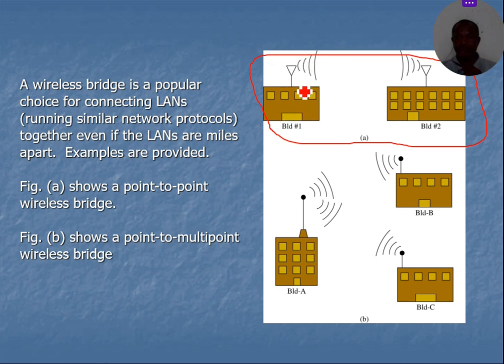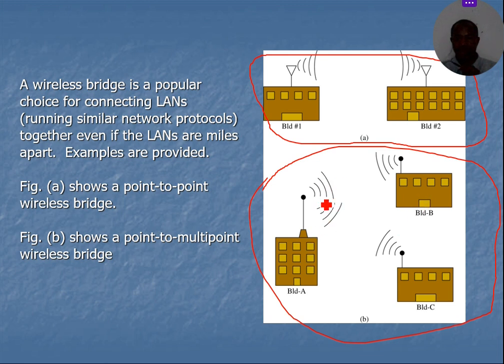Now this first type of connection, from a straight link, sending your signal or data packet from this building to the next building, is called a point-to-point wireless bridge. On the other hand, if you look at figure B, we have what we call point-to-multipoint.